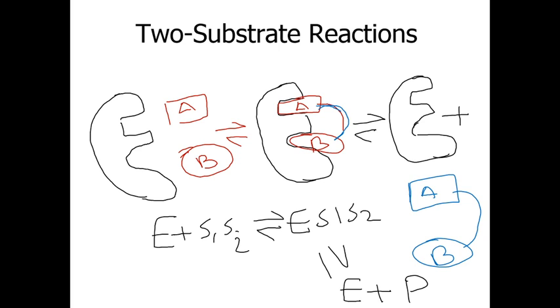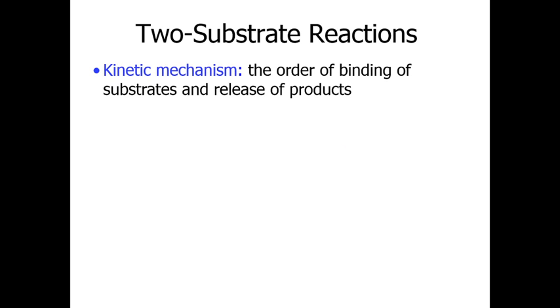So how do we deal with these kinds of reactions? The question that one may ask in these two-substrate reactions is, how does the enzyme recognize both substrates? Does it recognize A first or B first, right?